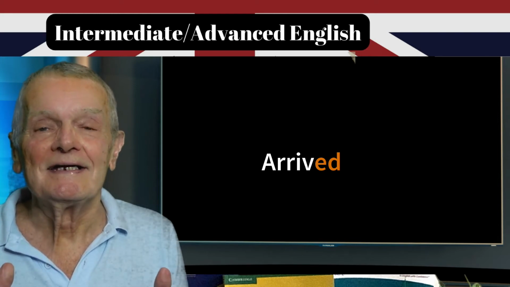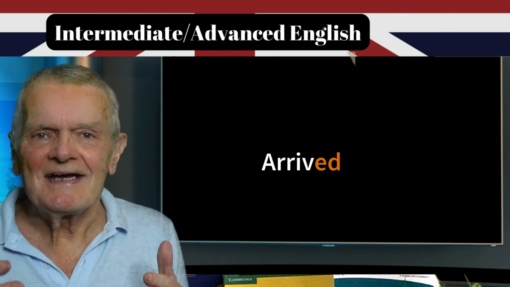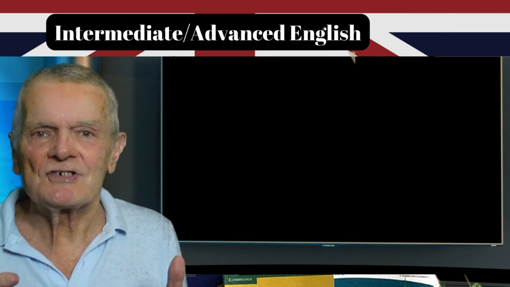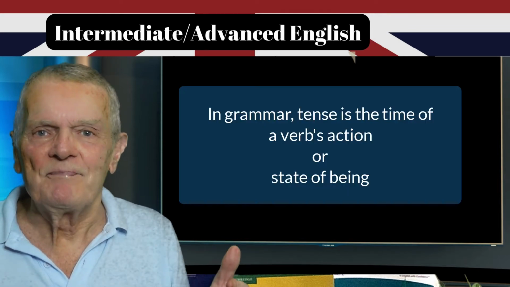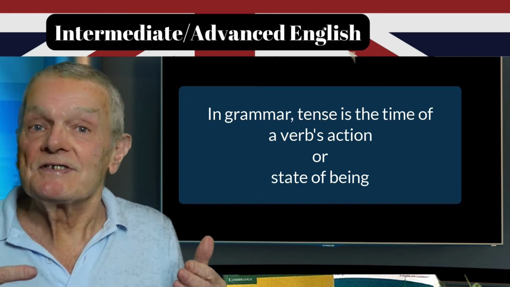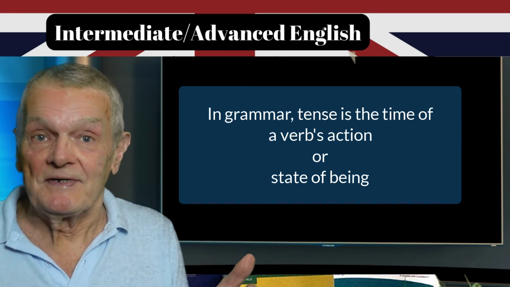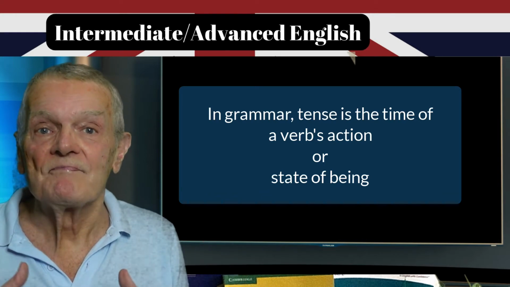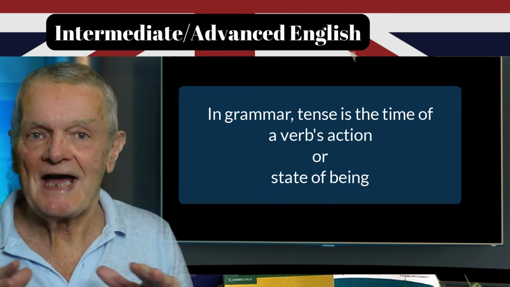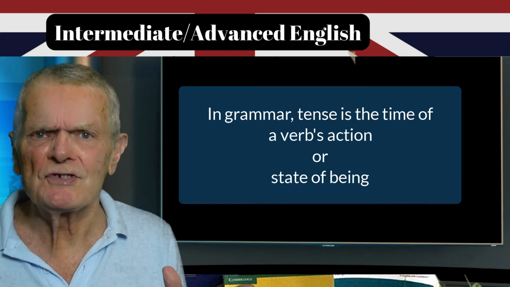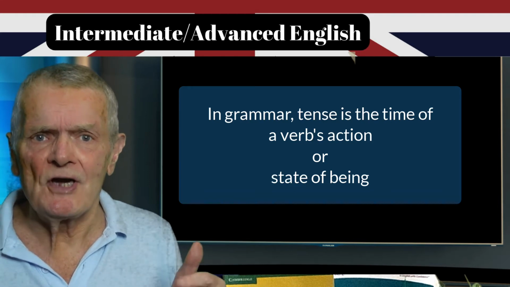In grammar, tense is a time, the time of a verb's action, the state of being, which is either present, something that's happening now, past, something that has happened, or the future, something that's going to happen.